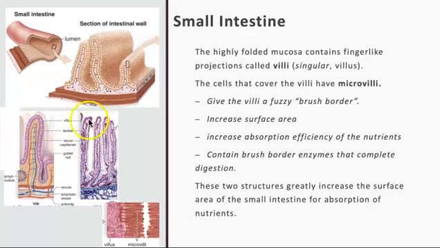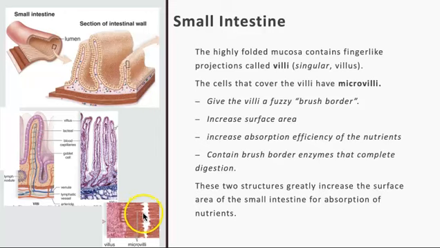Okay, we see it here in a histology form, but notice how down here it's even more magnified. So here is our villus, and on those little epithelial cells, we'll see that we have these brush-like extensions known as microvilli. And the microvilli create this fuzzy look to it called a brush border, and they're there to do two things.